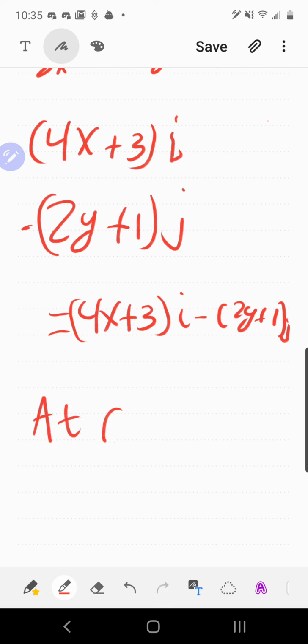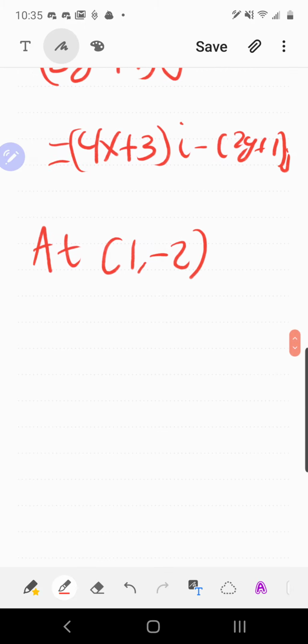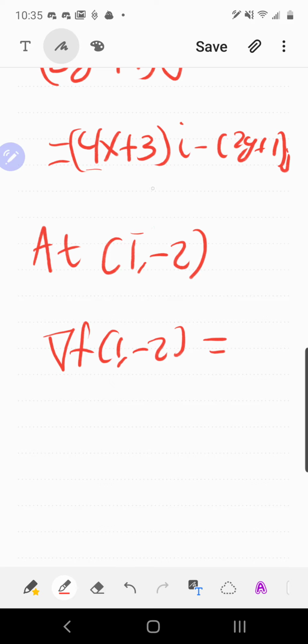So at 1 and -2, the gradient will be defined as 4 times 1 plus 3. It is going to be 7 i.